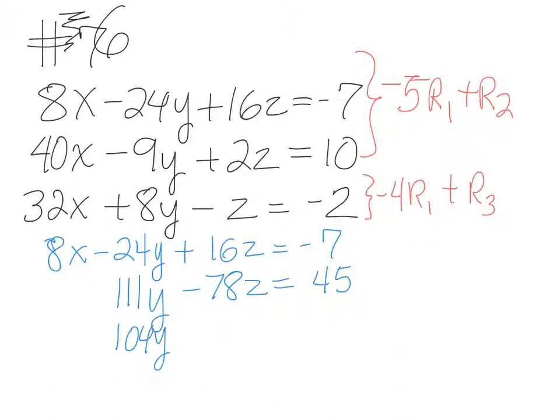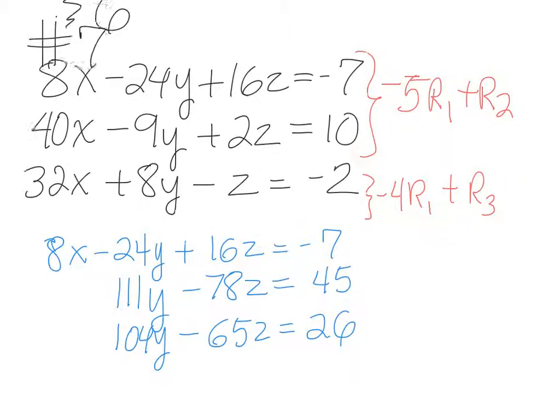Then we go to negative 4 times 16, 4 times 16 is 64, so it's negative 64 minus 1, negative 65. And then negative 4 times negative 7 is positive 28, minus 2, 26. Perfect. Okay, so we already took care of getting rid of the first two x's.